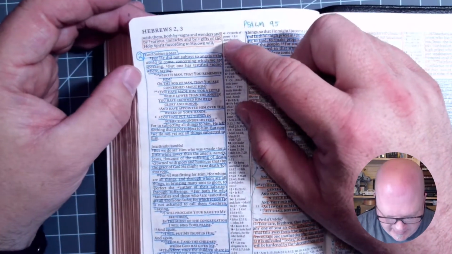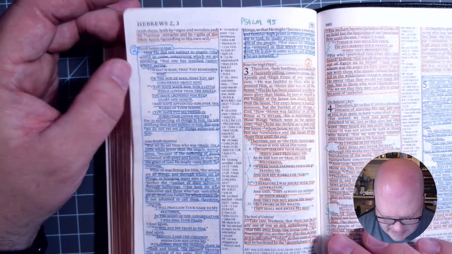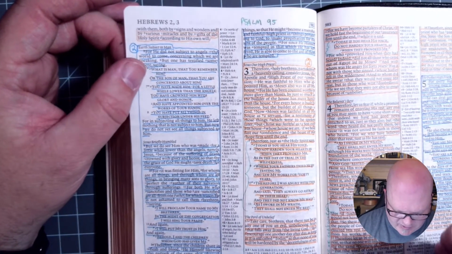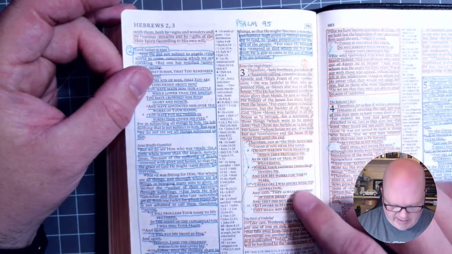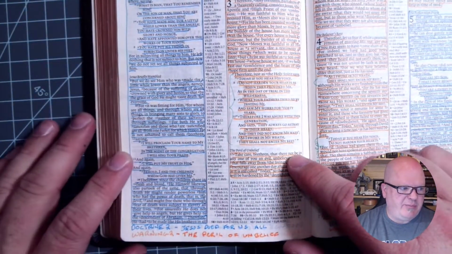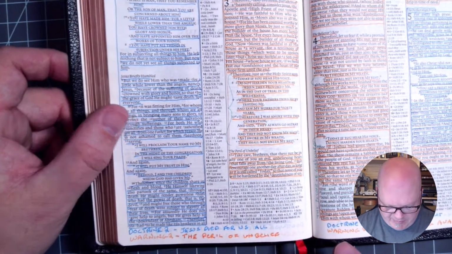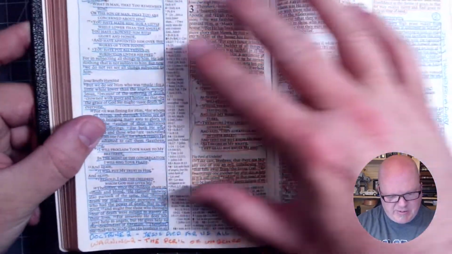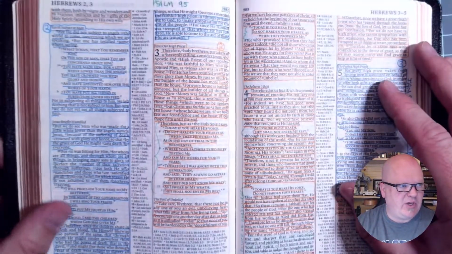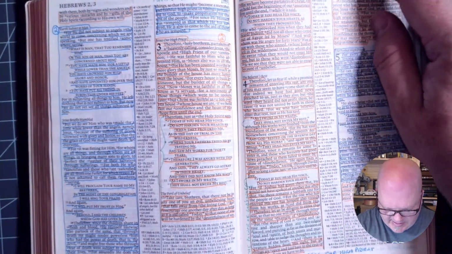The first warning section is only through the first few verses of chapter 2. Then we go right back into a doctrine section, the second doctrine section, which is really about Jesus dying for us all. The second warning section starts at the beginning of chapter 3, and that is the peril of unbelief. I've labeled each of these warning sections at the bottom with some sort of peril. As we work through this book, the third doctrine is Jesus the high priest.